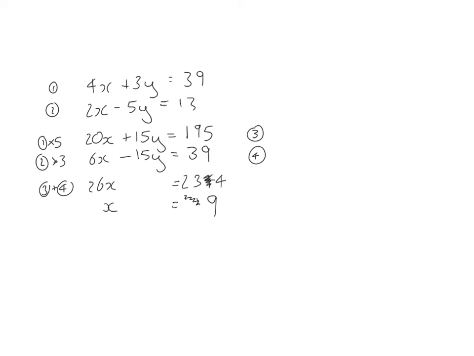You might have seen this before. I've then got to get what y equals, so it's back to the same method. I substitute this into equation 1, and I get 4 times 9 plus 3y equals 39. 4 times 9 is 36, so 36 plus 3y equals 39.